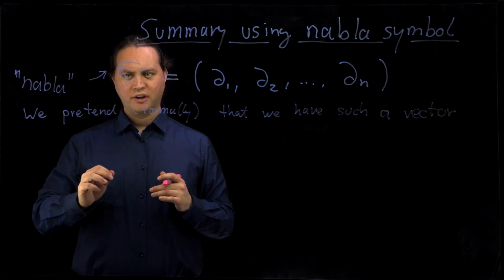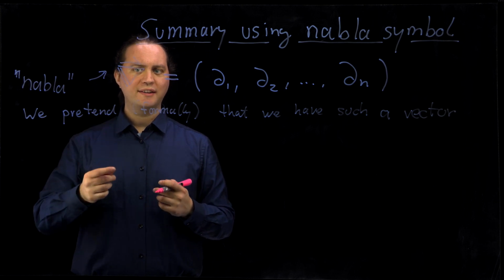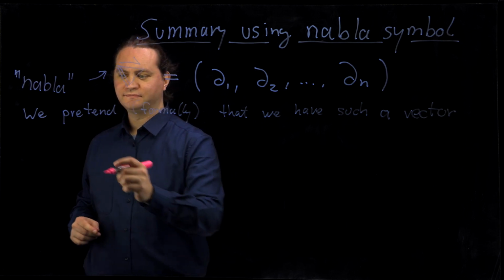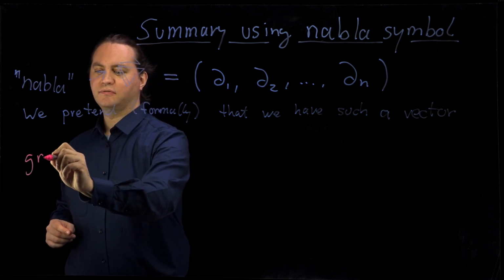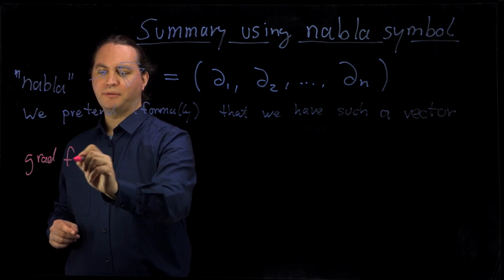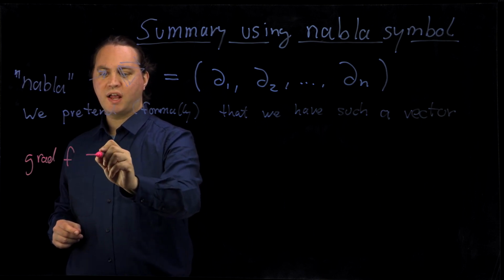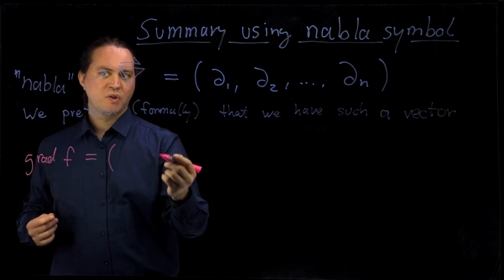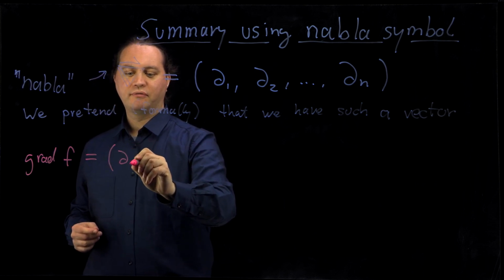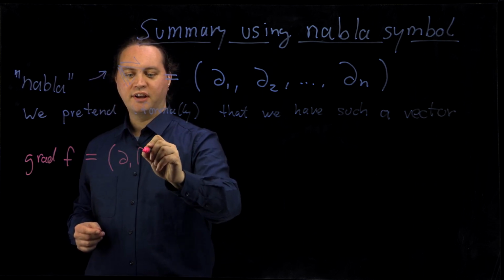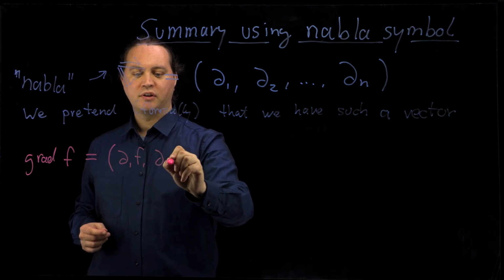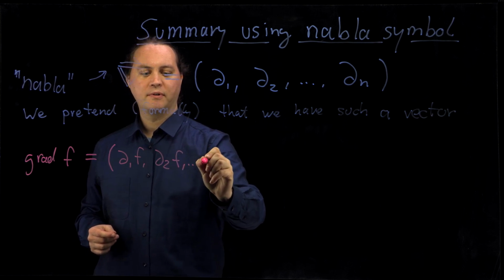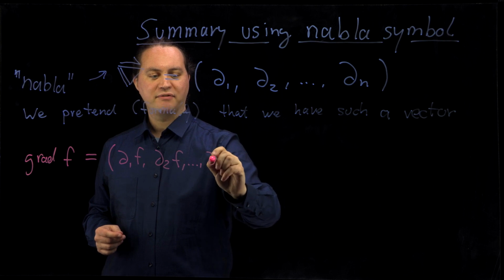Let us now have a look at how we can relate the notion of gradient to the nabla vector. The gradient of some function f is given as the partial derivatives in each direction: del1 of f, del2 of f, up to del n of f.